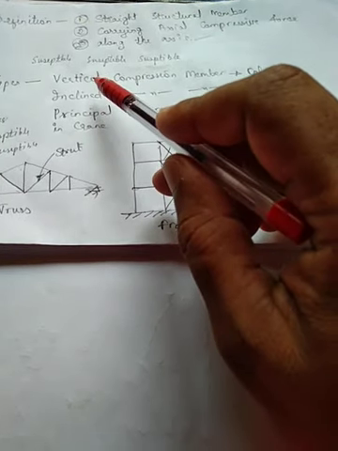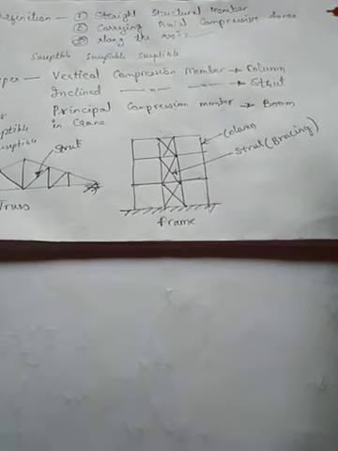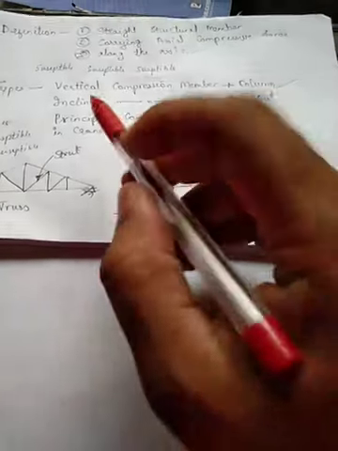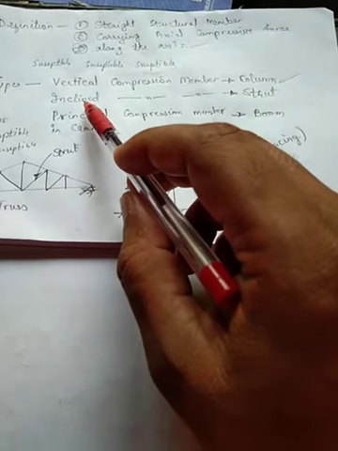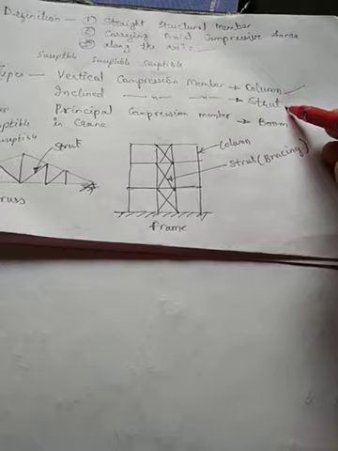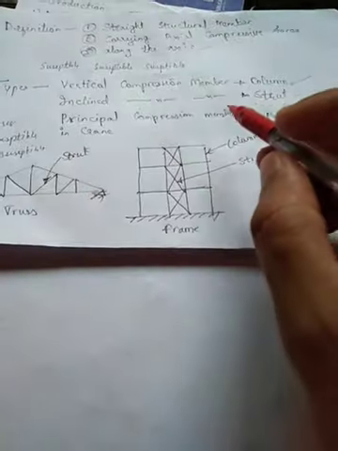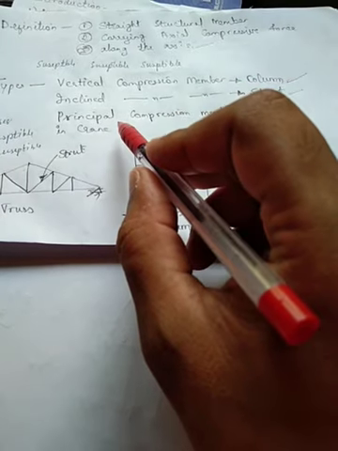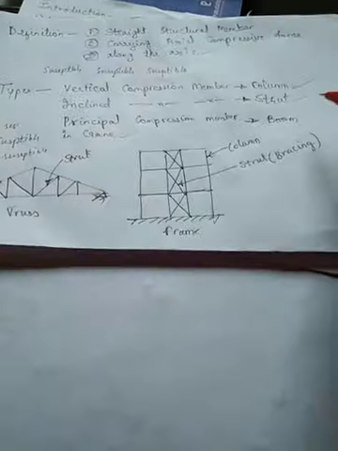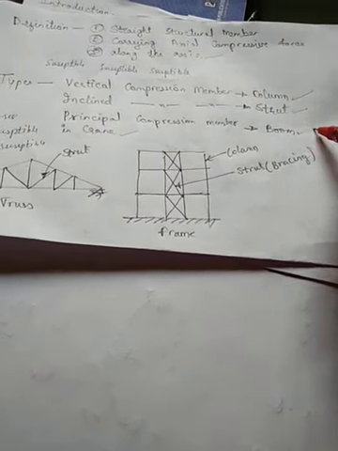Here the different types are vertical compression member, that is a column in a building, and inclined compression member, that is a strut, and we have another member which is found in the crane. That element is called as a boom.